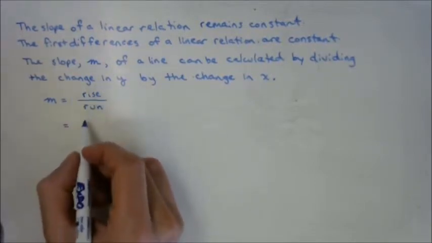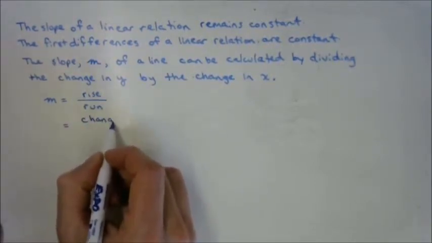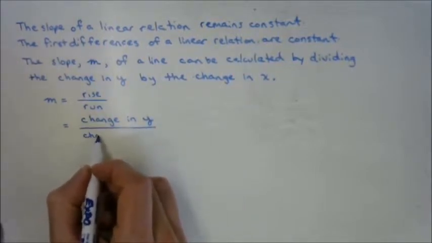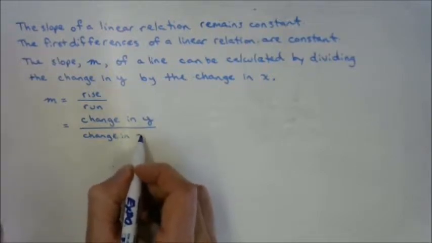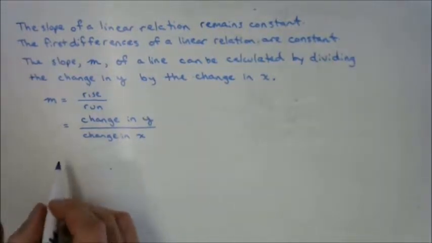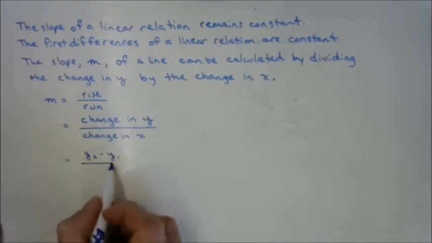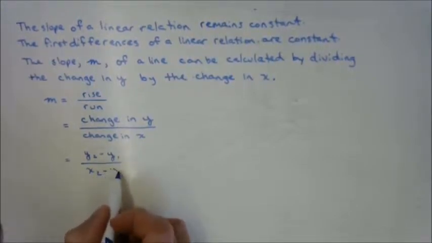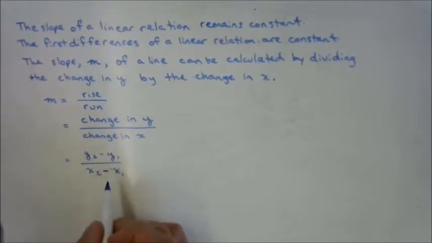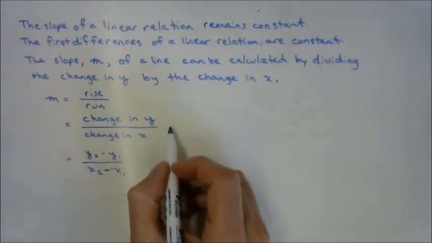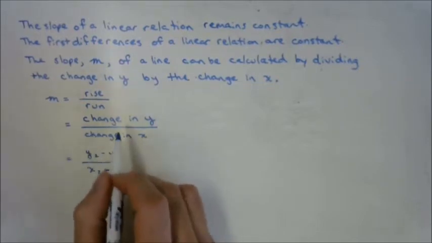Change in y and change in x. Change in y goes up on the numerator, over the change in x. And we had a little equation to help us out: y2 minus y1 over x2 minus x1. This is also sometimes written delta y over delta x.